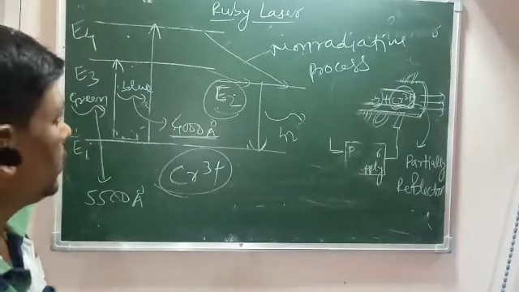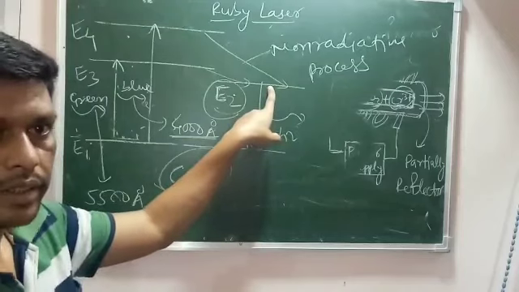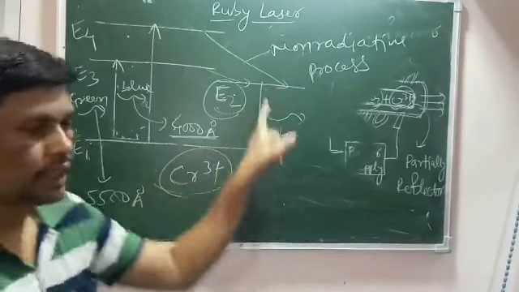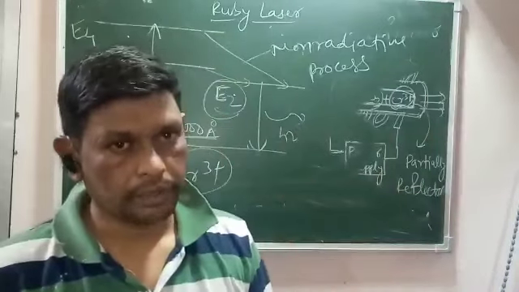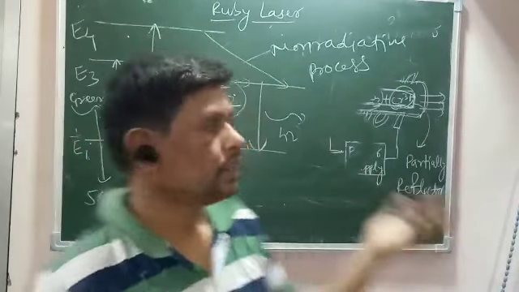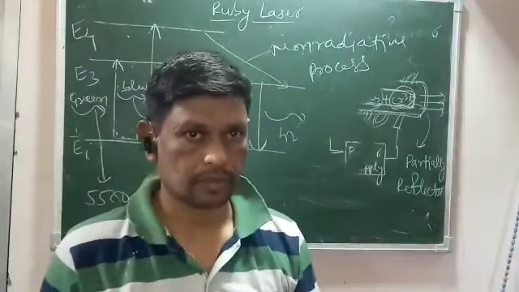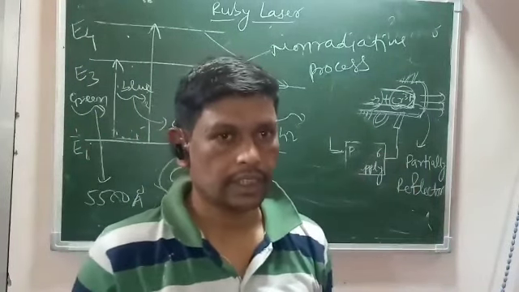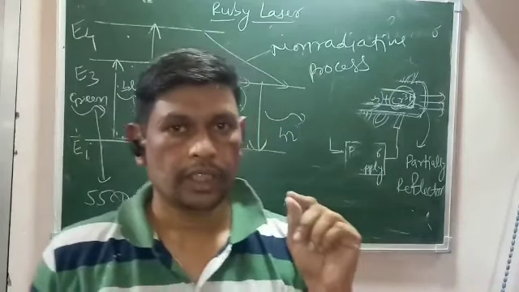One, the particle remains in that state. Second, the particle goes from E2 to E1 by spontaneous emission. And third, the particle goes from E2 to E1 by stimulated emission. For laser action, the probability of stimulated emission is high.